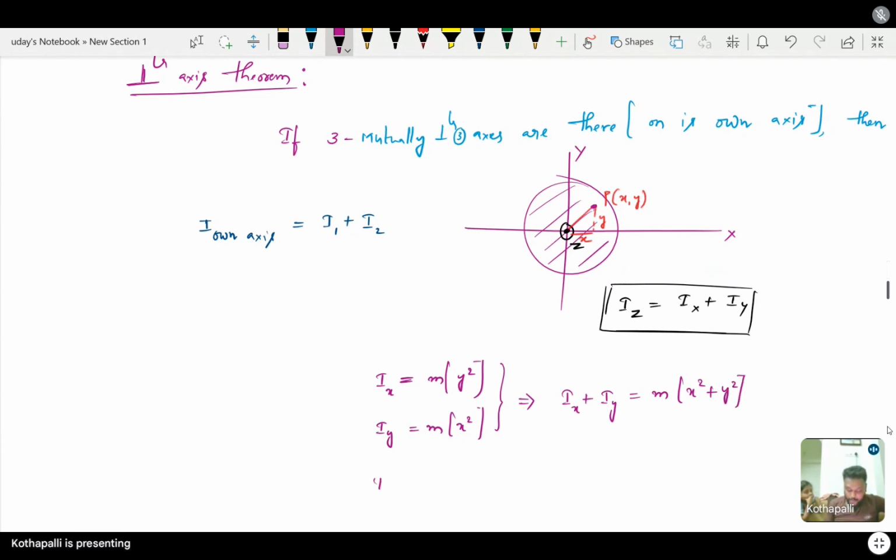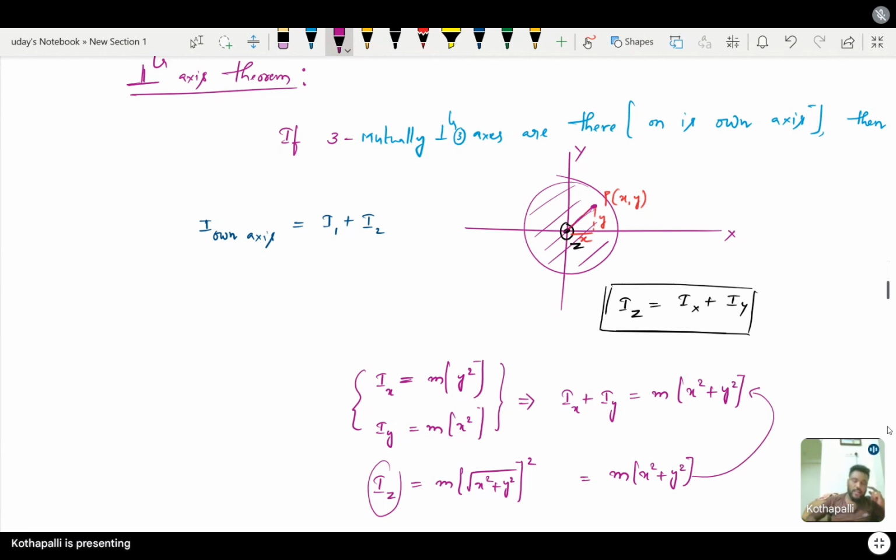Then what about Iz? The perpendicular distance is root over x square plus y square, so Iz is m into root over x square plus y square whole squared, which is m into x square plus y square, equal to this only. So Iz is equal to Ix plus Iy.